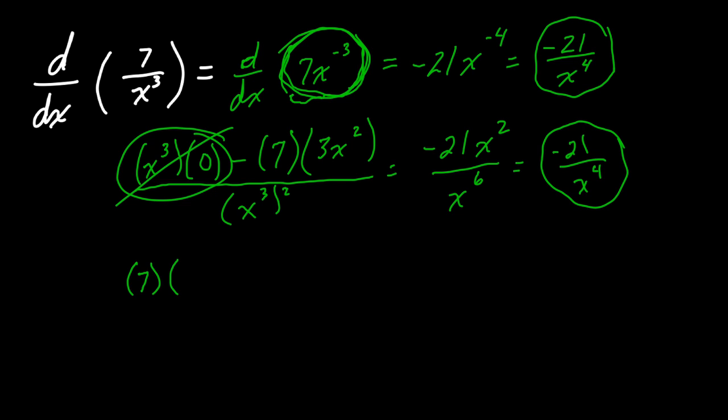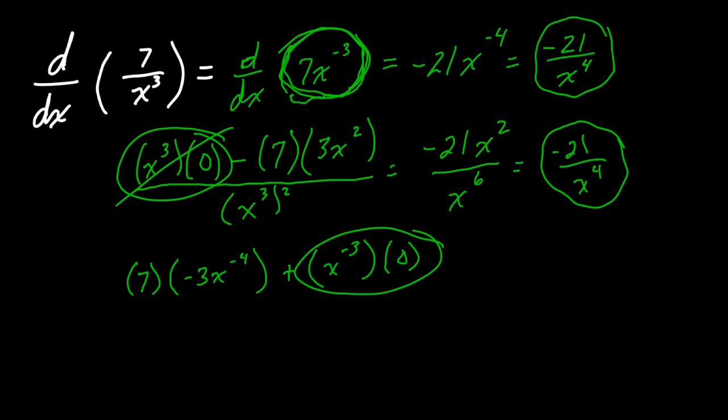times derivative of the second, which would be negative 3x raised to the negative 4, plus the second times derivative of the first, which is 0.